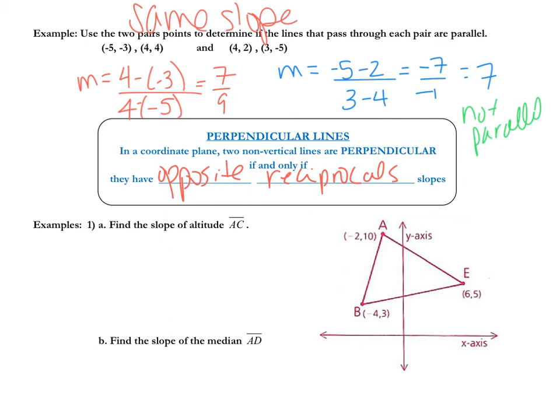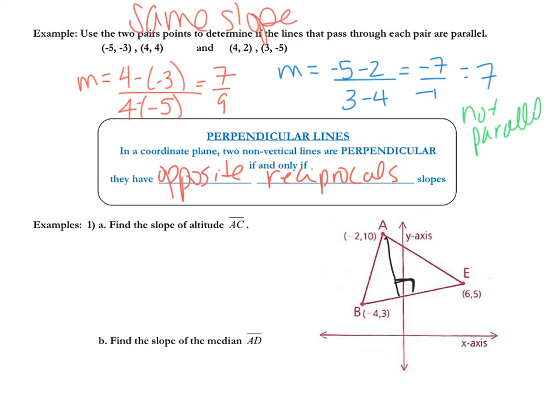Okay. So it says find the altitude of AC. Remember that the altitude starts from the vertex of a triangle and goes to the opposite side and creates a 90-degree angle. It makes it perpendicular.